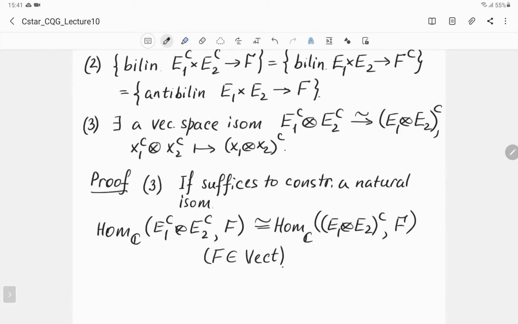Here I'm using the standard Yoneda lemma from category theory, which states that, in particular, two objects are isomorphic if and only if the respective Hom functors are isomorphic.